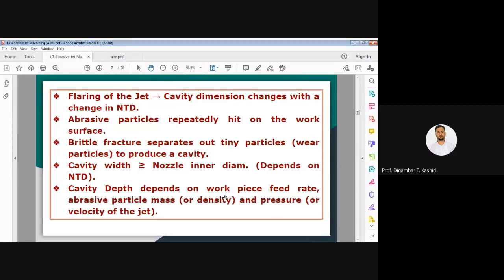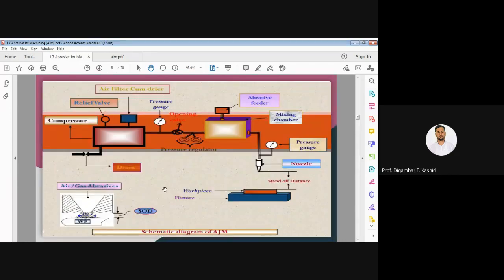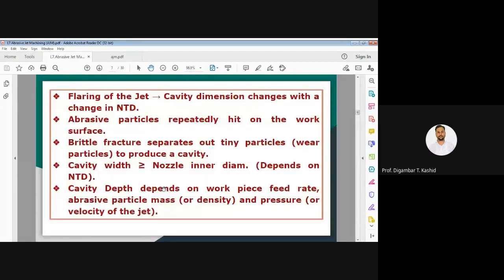The actual cavity width will depend upon the stand off distance or the nozzle tip distance. The cavity depth totally depends on the workpiece material, feed rate, abrasive particles, and the pressure also. So we need to keep that point in our mind.